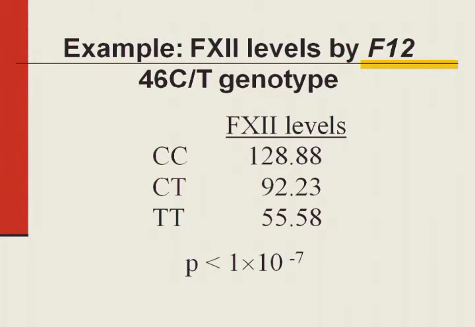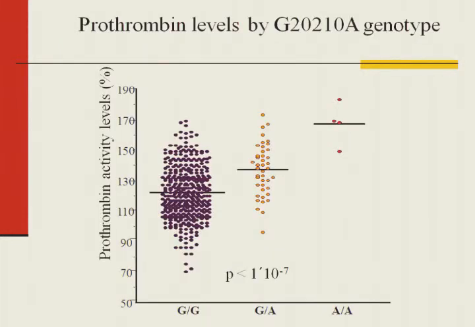Between genotype. For people who think in pictures, this is another example from the same study of clotting factors, but it's prothrombin levels now. So we've got our 3 genotypes, the common homozygote, the heterozygotes, and only 4 of the rare homozygote.